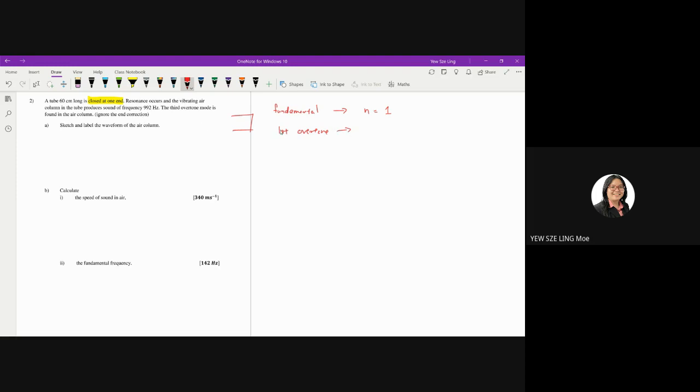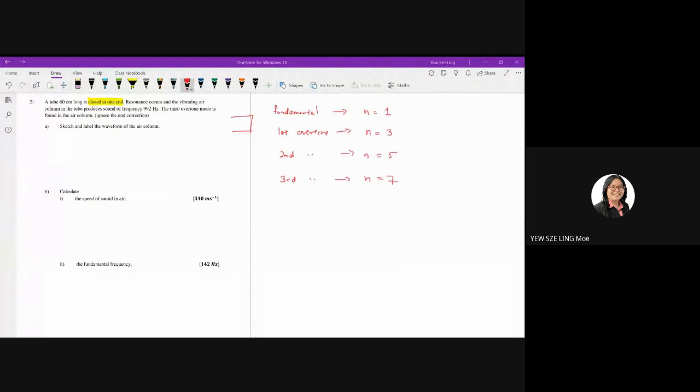Which means the first overtone has n equals 3, but not 2. Okay, n equals 3, not 2. So second overtone, we have n equals 5. And the third overtone, we have n equals 7. So this is the 7th harmonic example. Okay, we have the 7th harmonic right here.